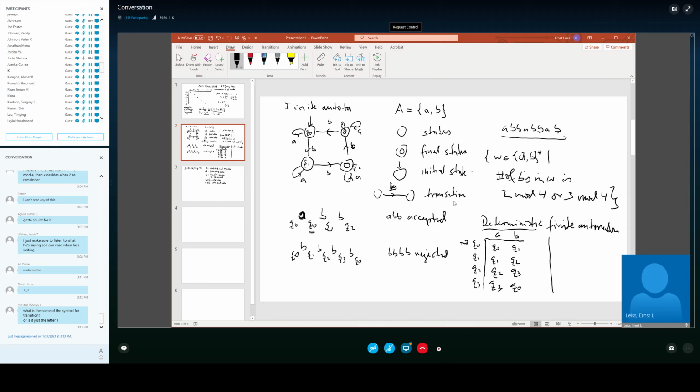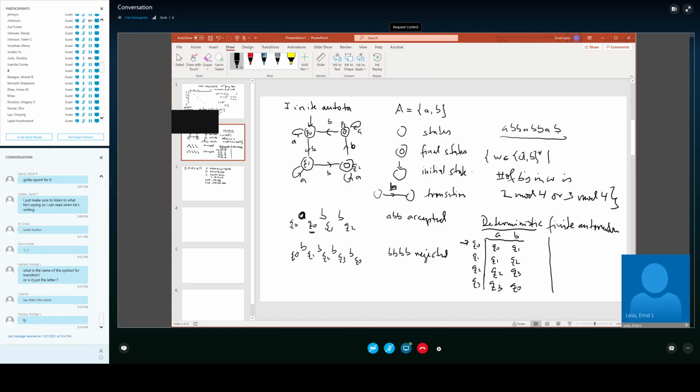And so if we add another column where we indicate for each state whether it's accepting or rejecting, then we actually have that. So Q0 is rejecting, so we're going to write a 0. Q1 is rejecting, so we'll write a 0 in that final column. Q2 is accepting, therefore we put a 1. And Q3 is also accepting, so we put a 1.